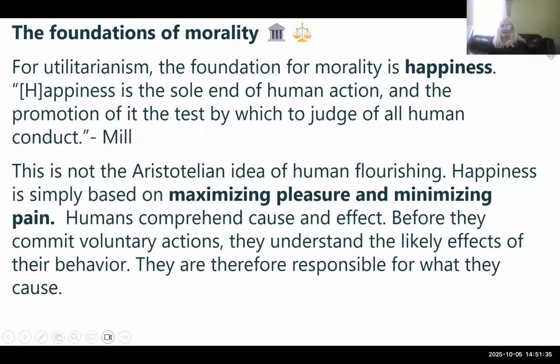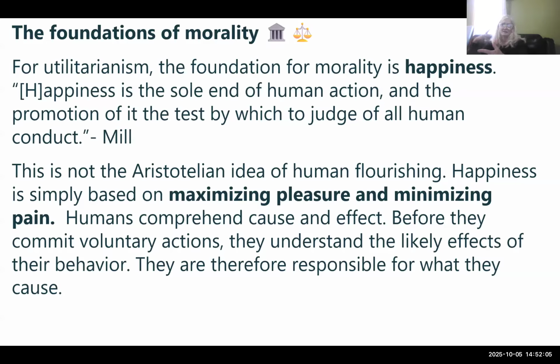Humans comprehend cause and effect. So if they know they're going to cause pain, they shouldn't act that way. They should instead try to cause maximizing pleasure and minimizing pain. So before they commit voluntary acts, they understand the likely effects of their behavior. You understand what will happen normally when you engage in voluntary acts.